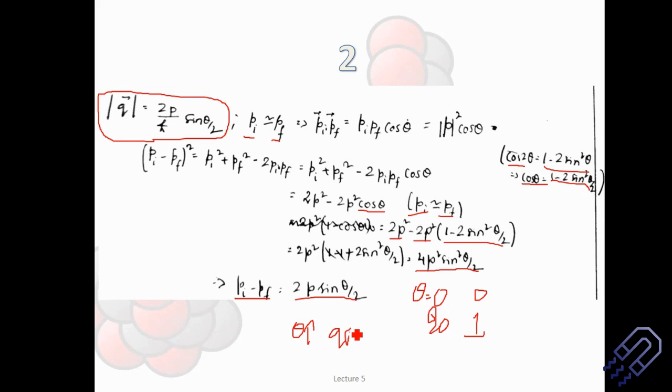Analyze this result. This Q will also increase. What does it say? That if theta increases, there is going to be more deflection, and if there is more deflection, there is going to be more and more momentum transfer possible. So this is the logic that we stand at finally, assuming Pi and Pf are very close to each other.